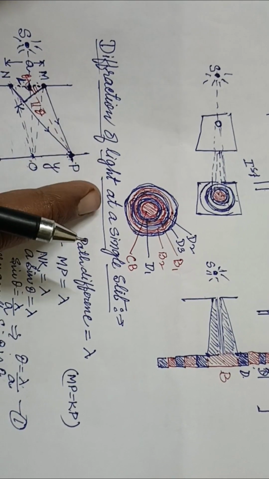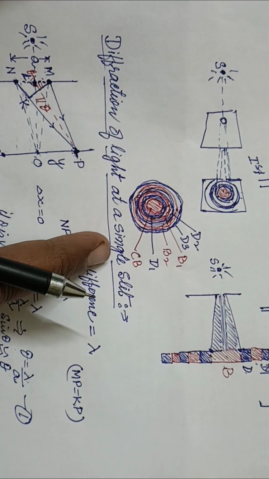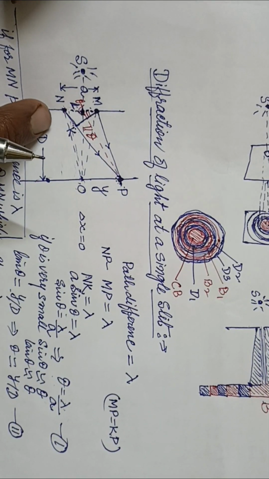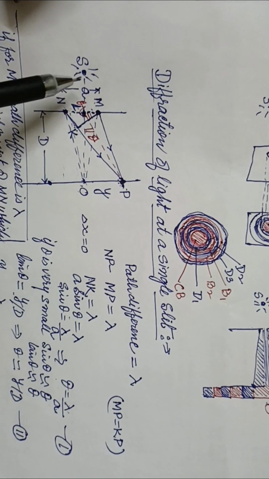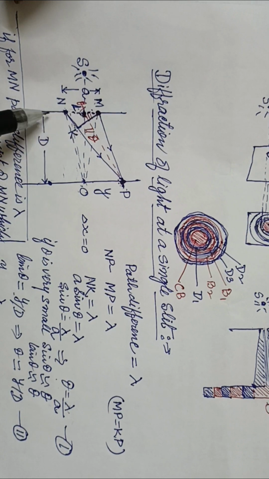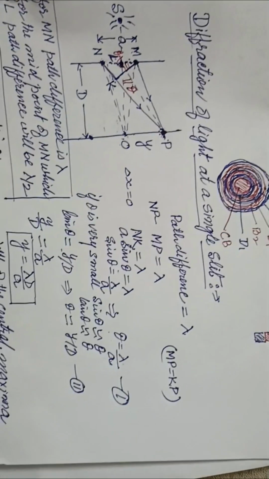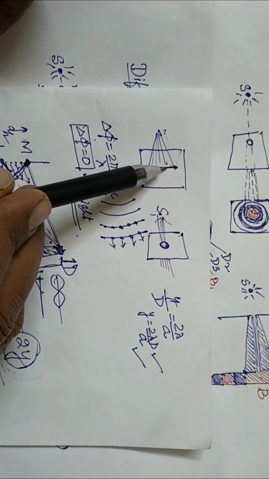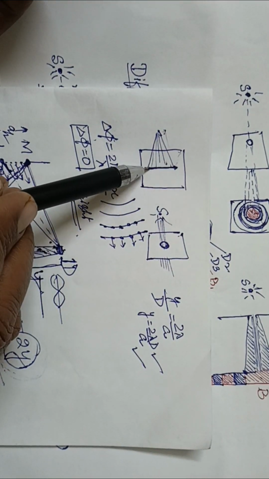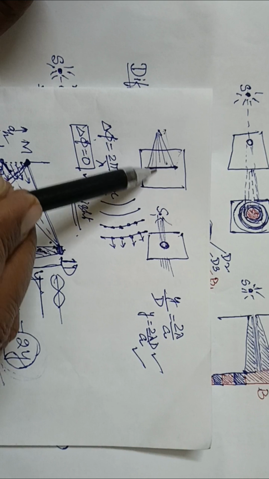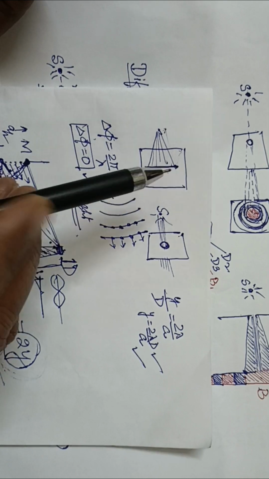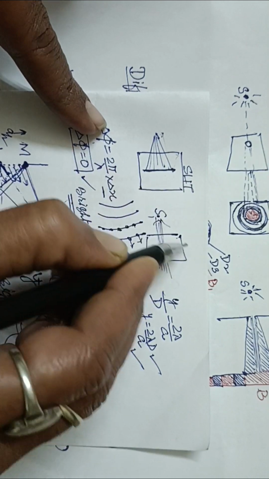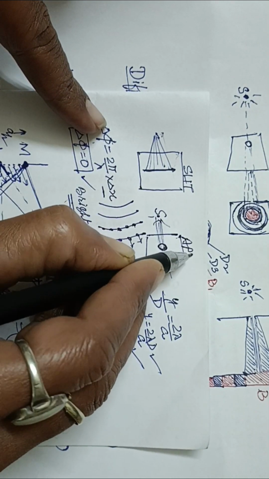Then the diffraction of light at a single slit, I have explained how it works: the light source, then a slit over there, and I explained the difference between the slit and the aperture. A slit is a very thin vertical cut through which the light can pass. This is the slit, and this is the aperture.